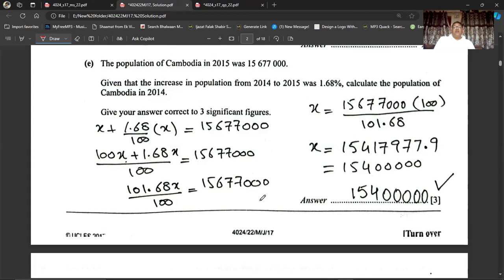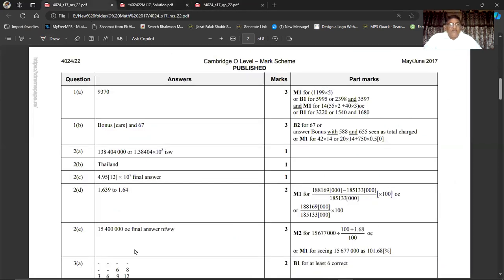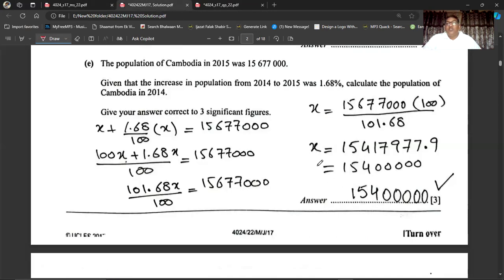When you make x alone, x will be equal to 15,677,000 multiplied by 100 divided by 101.68, and that will be 1,541,797.79. When you round it off to three significant figures, it will be 1,540,000. So 154 and then you have 5 zeros. My answer is right. You can see. So this is how you do it.